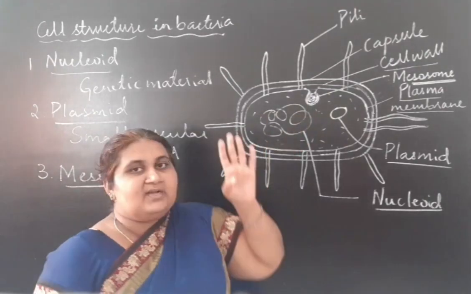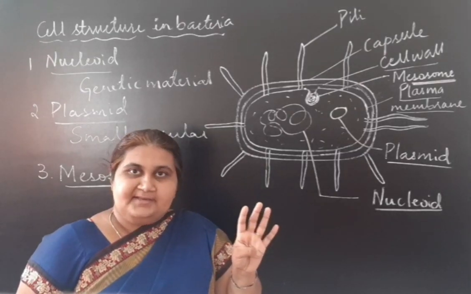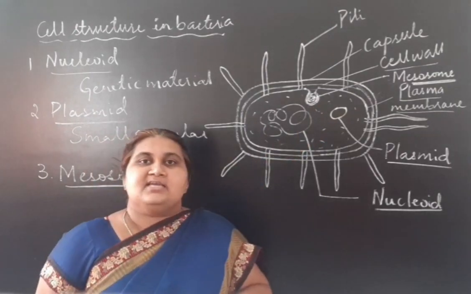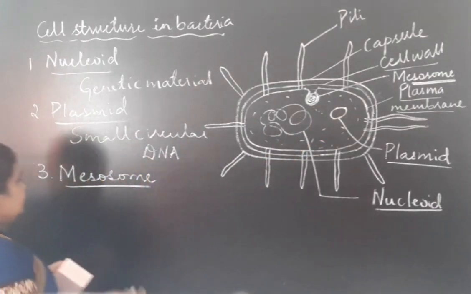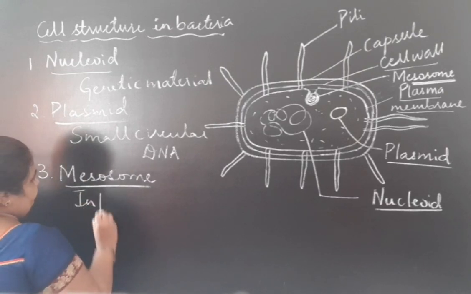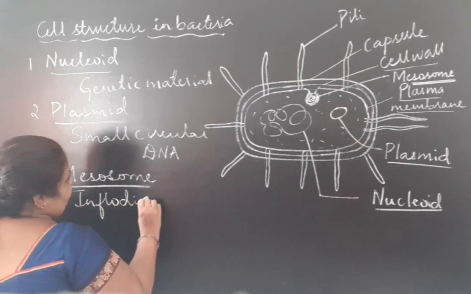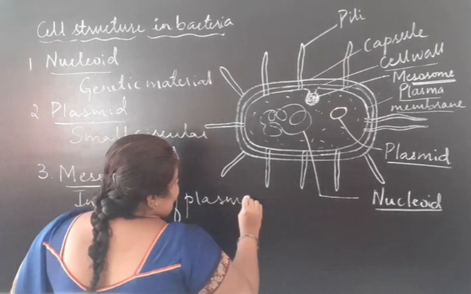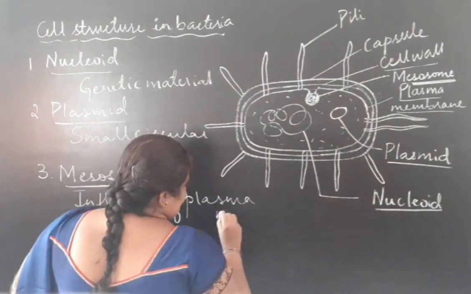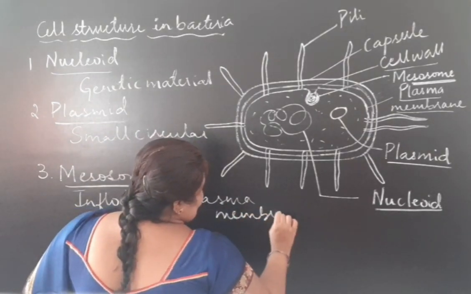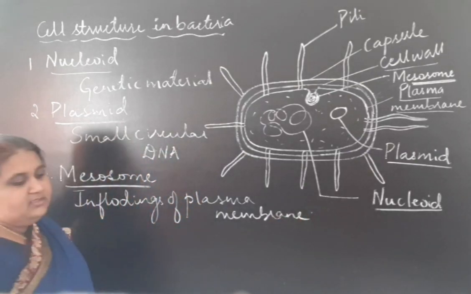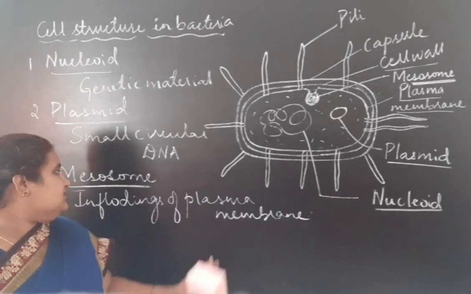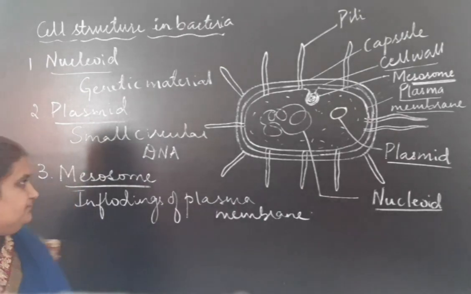So, mesosome helps in respiration, exchange of gases, as well as cell division. Enfoldings of plasma membrane in a bacterial cell is called mesosome.